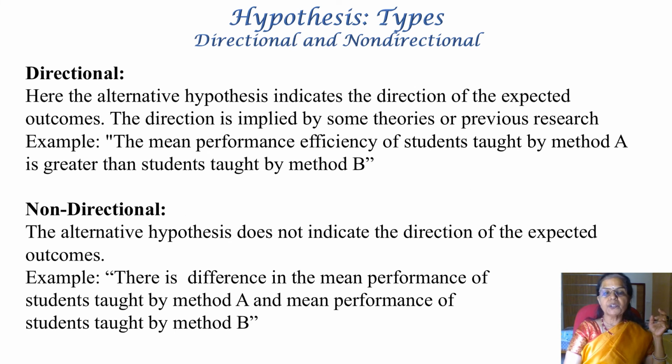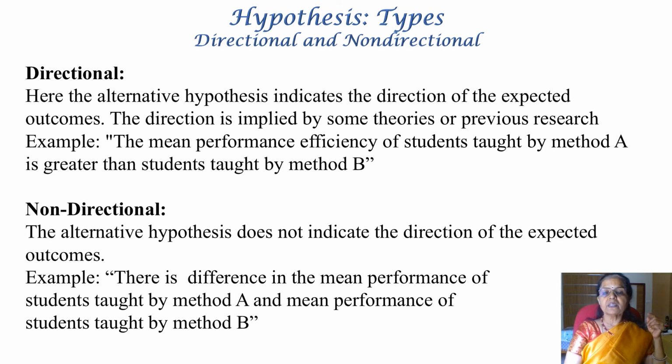As I have told you, the alternative hypothesis can be of the type directional or non-directional. In directional hypothesis, the alternative hypothesis indicates the direction of the expected outcome of the result, and it shows which is greater and which is lesser. But from where do we get this clue for this direction?